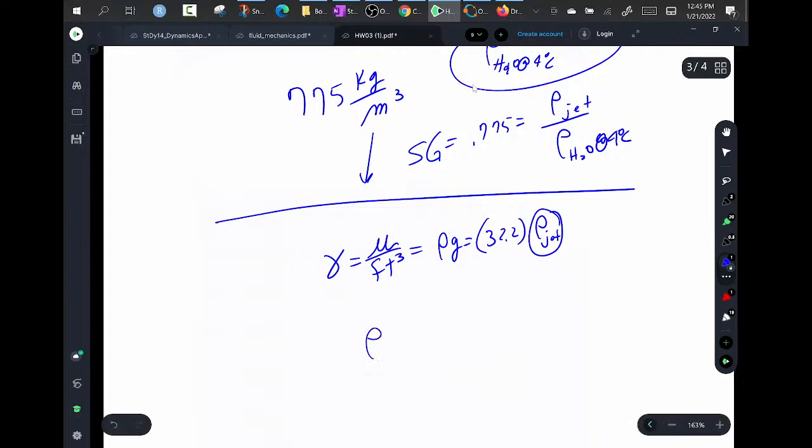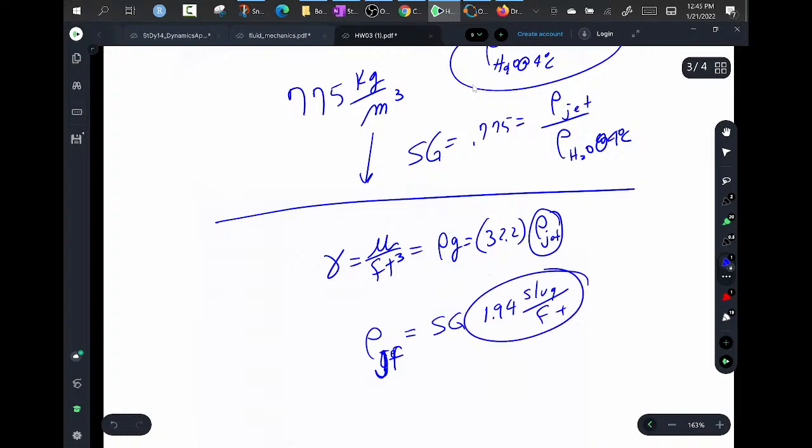What is rho of the jet fuel in those units? Well, specific gravity times 1.94 slugs per cubic foot.